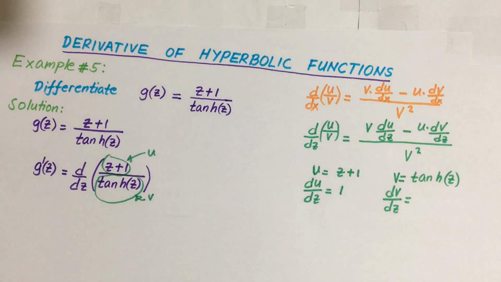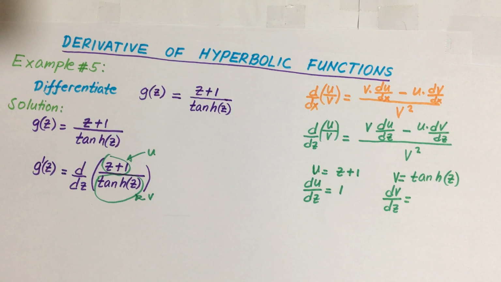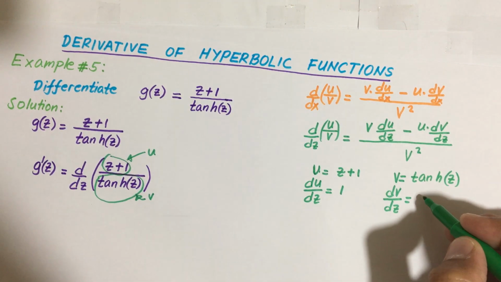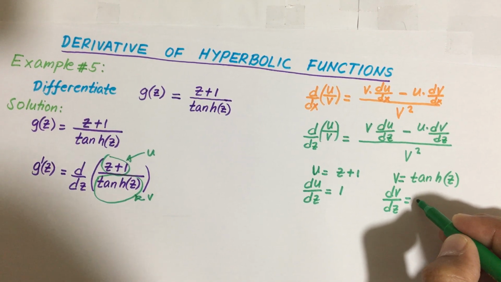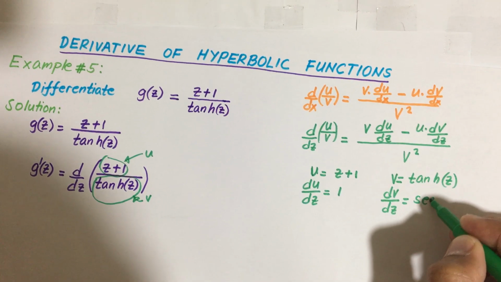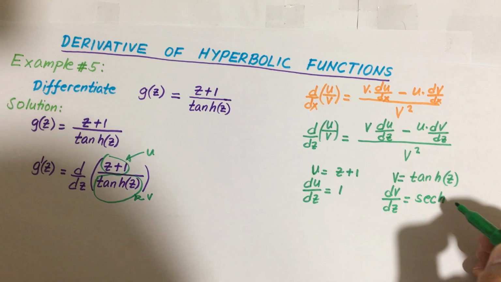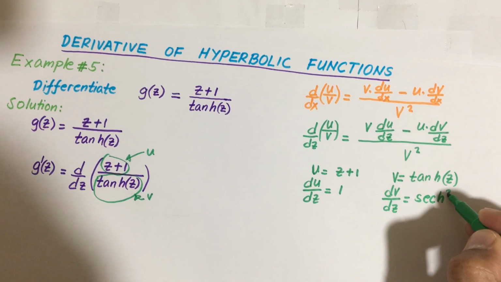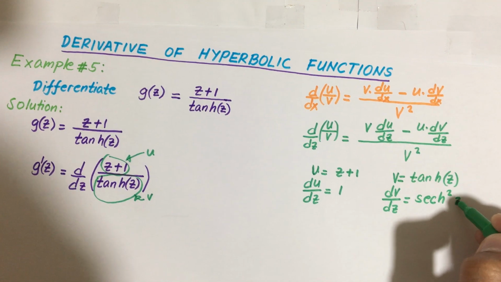So now hyperbolic tangent. What is the formula, class? For tangent hyperbolic, this is equivalent to hyperbolic secant squared of z.